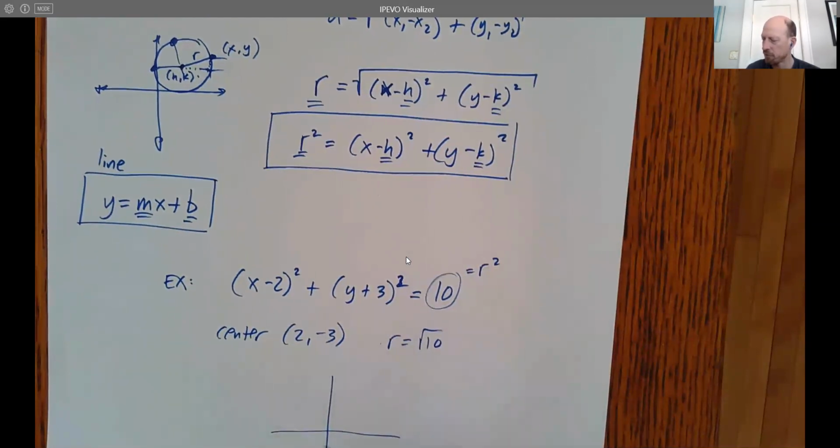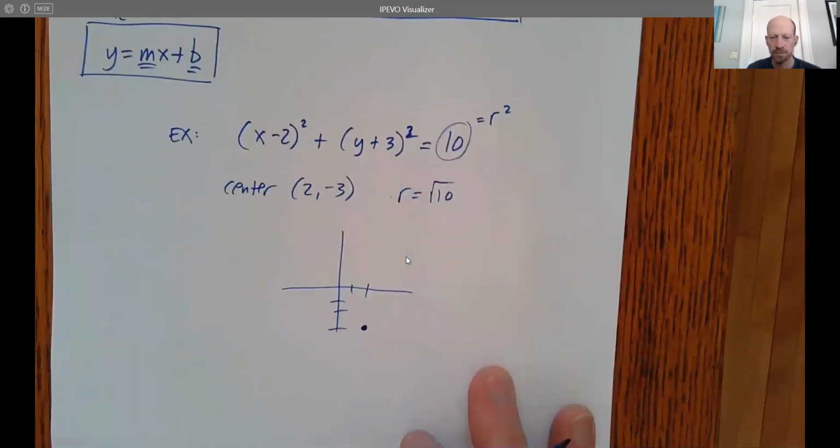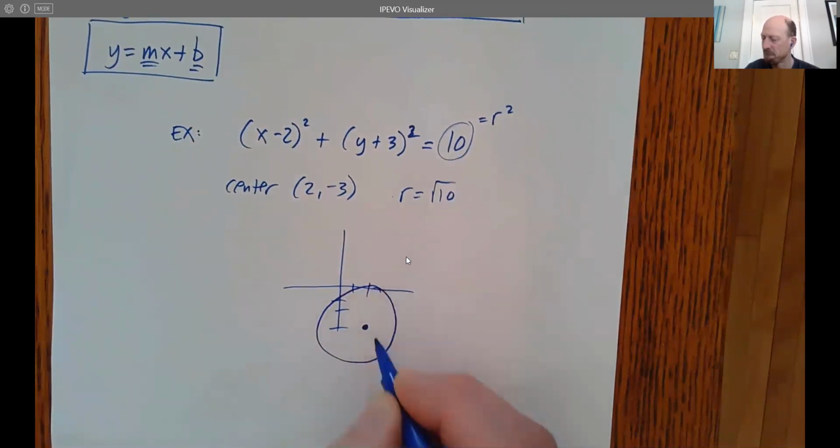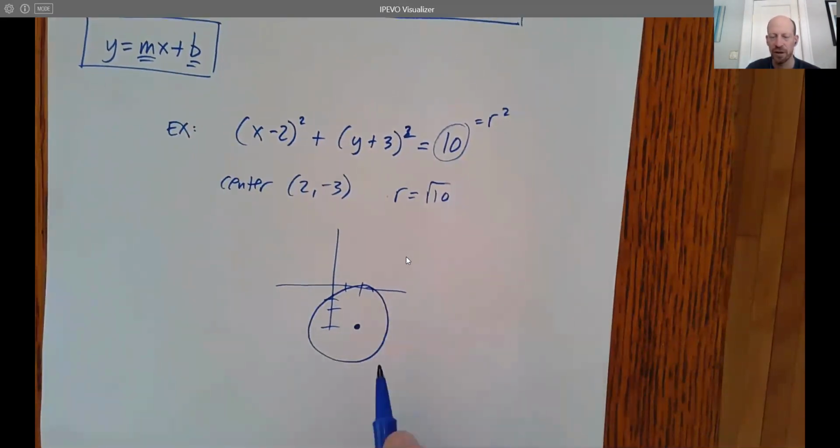So my center is (2, negative 3), and it has a radius just slightly more than 3. And it's an okay circle.